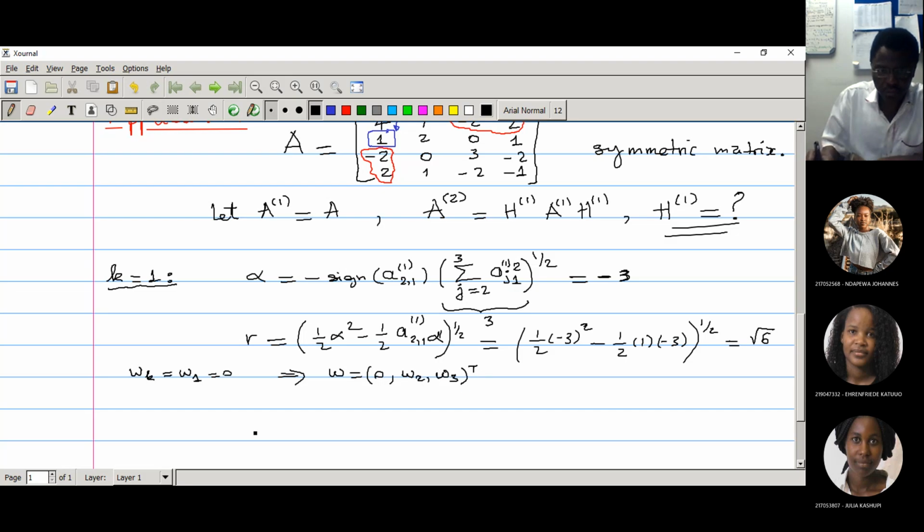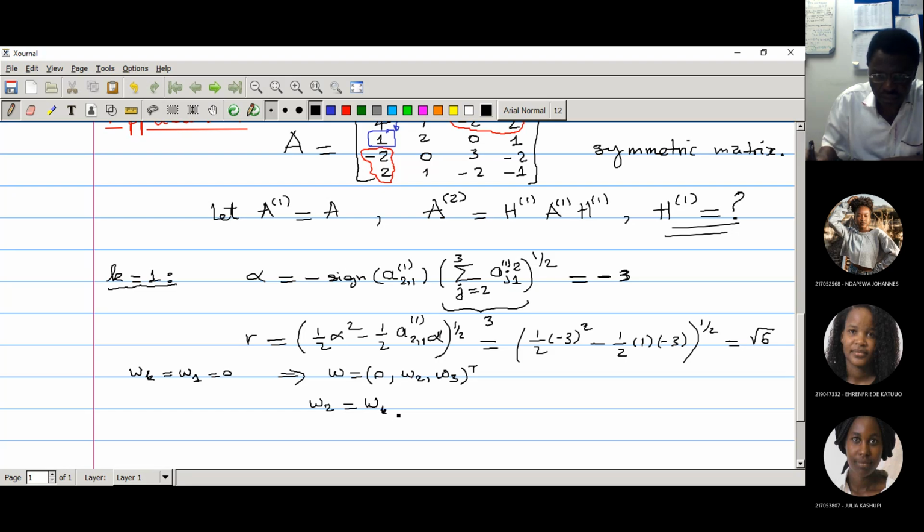Okay, now how do I compute W_2? Because that's what I need. I already have alpha and R. Since I have alpha and R, it becomes easy. So what is W_2? 2 is K plus 1, right? So W_{K+1}, in fact, let me write it here.